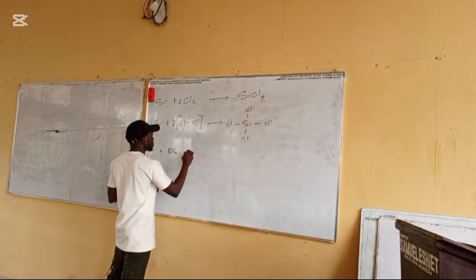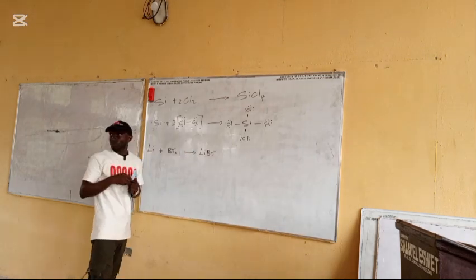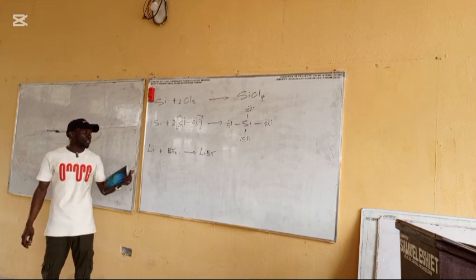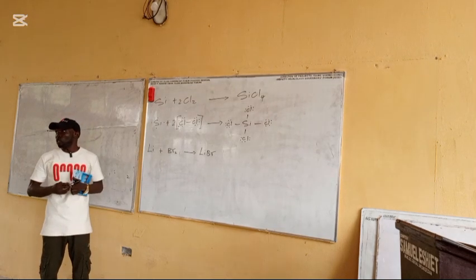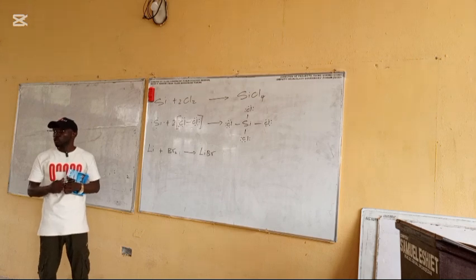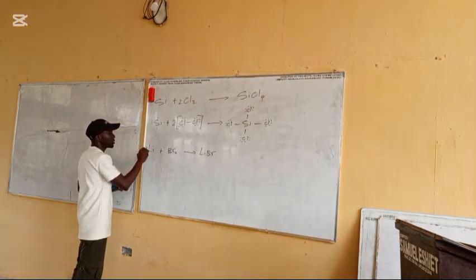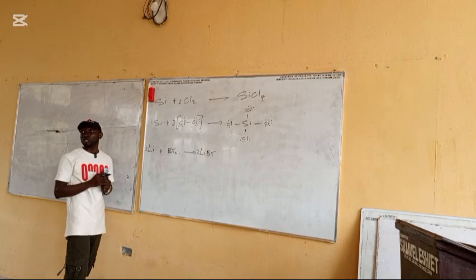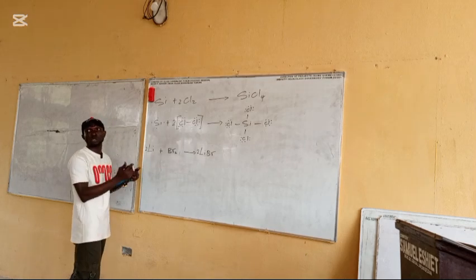Now this is going to give you LiBr. Now remember that lithium is a metal, and bromine is a non-metal. So the bonding there is ionic bonding. So to balance the equation, you're going to have 2 here and 2 here. That's 2 moles of lithium bromide.